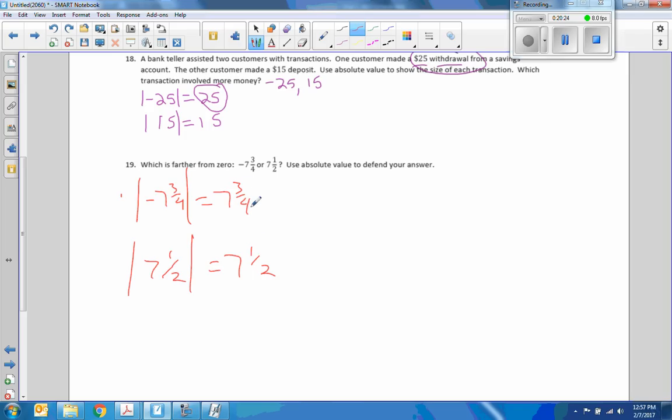The 7 3/4 is more than 7 1/2. So which is further from 0? On the number line, if 0 is here, and 7 is here, and 8 is here, 7 1/2 is right here, and 7 3/4 is right here. So which is further from 0? 7 3/4.